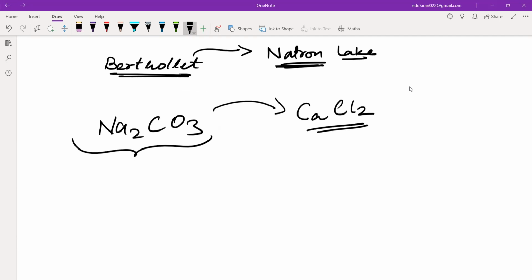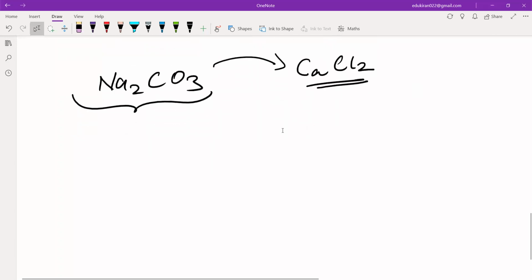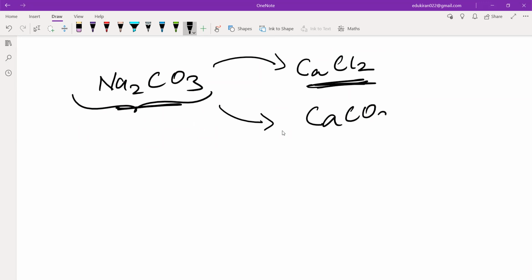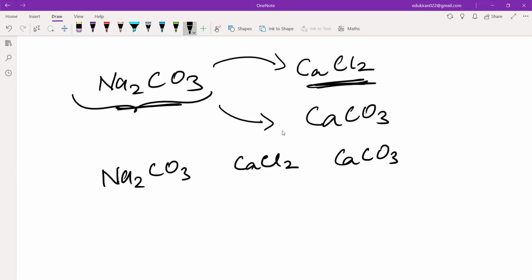That means he was thinking that Na2CO3 is present and CaCl2 is present, and there was also some CaCO3 present. Now, when you are a chemist and you see these three entities, Na2CO3, CaCl2, and CaCO3, present in one area.